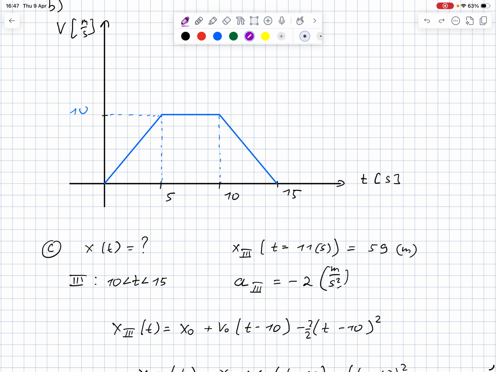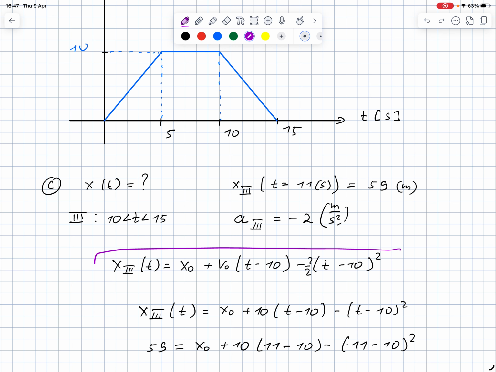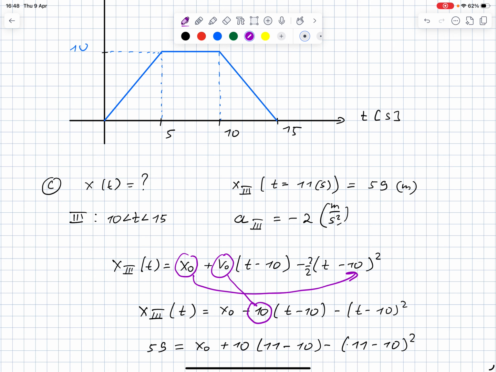Of course, we're going to use the formula for position x of t when there is acceleration. Now, I do not yet know the initial position when t equals 10 seconds. I do know that the initial velocity from previous parts was 10 meters per second when t equals 10 seconds.